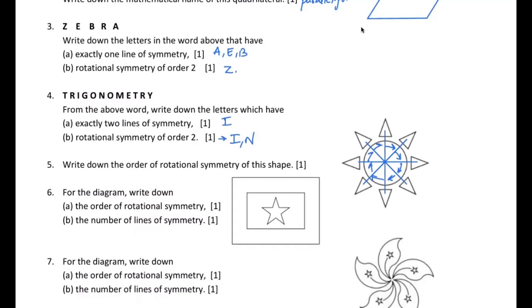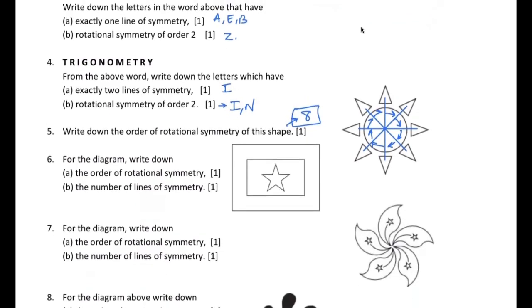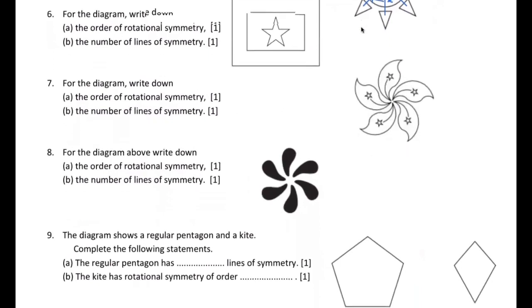So what's the order of rotational symmetry for this figure? Would you agree that it's 8? Eight times it can fit its outline. Getting the idea? Is this example clear to everyone? Yes or no? Yes.